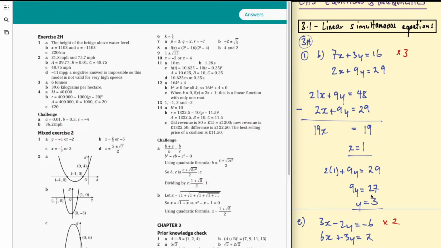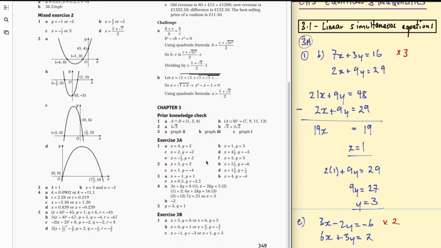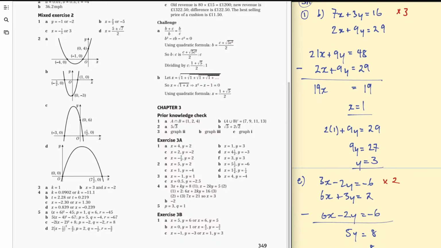And of course, we can always substitute them into one of the equations to double check, so we don't really need the answers here. This is kind of me being a little bit lazy, but why not if you have them?